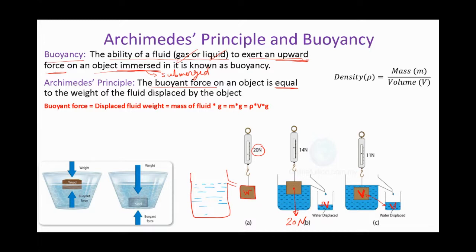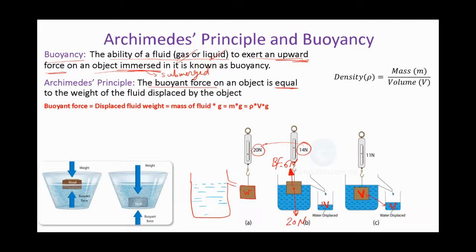But the scale now measures only 14 Newton instead of 20 Newton. What does it mean? It means that there is an upward force equal to 6 Newton. What is this? It's a buoyant force. So there is a buoyant force of 6 Newton.